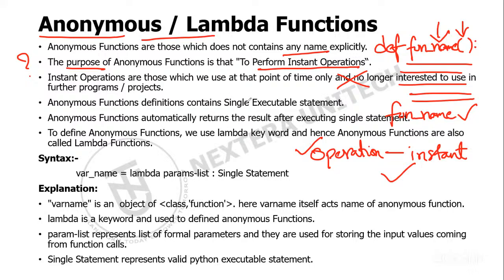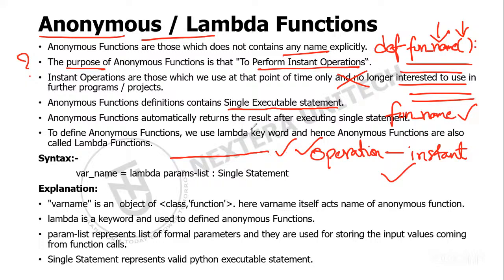And the beauty of anonymous functions or lambda functions is they contain only a single executable statement. You'll have the entire function in a single statement, only in one line.